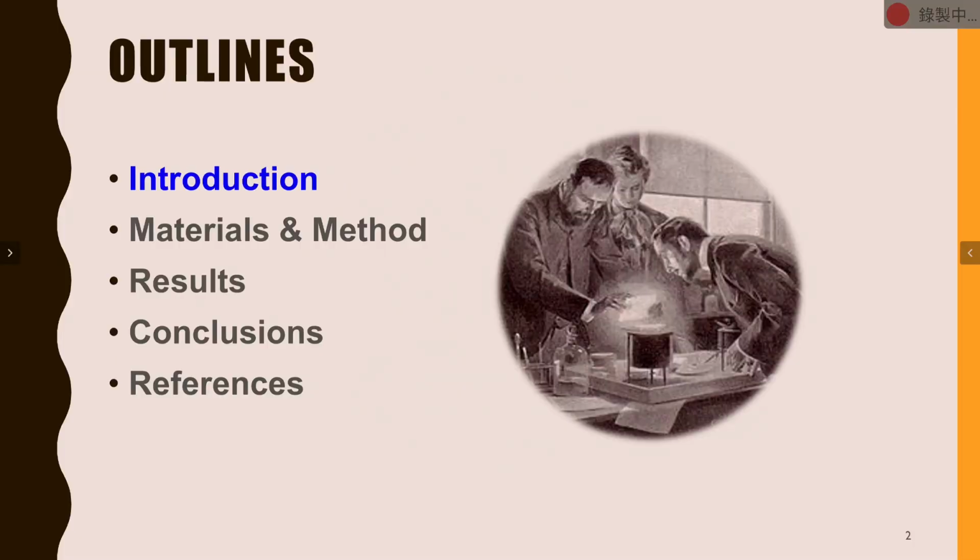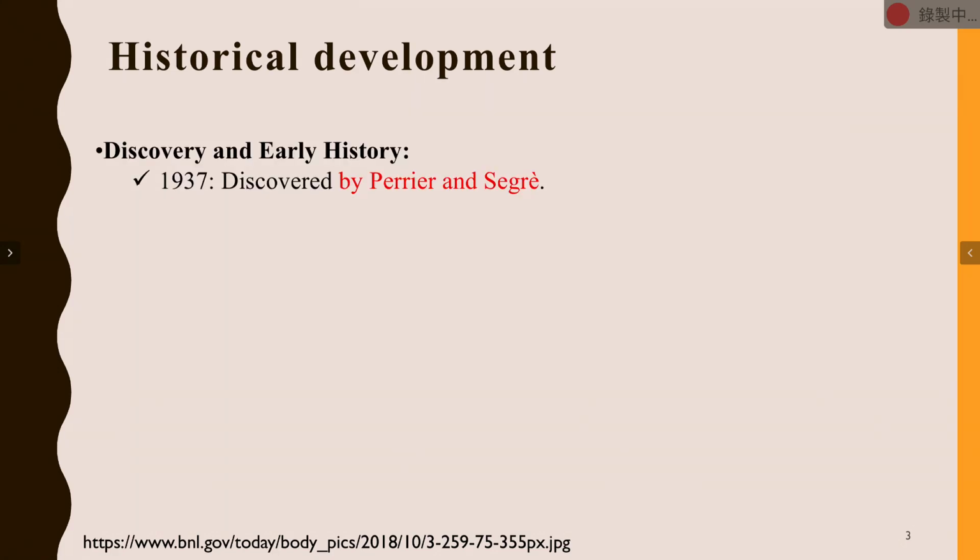Here is the outline for your reference. Let's talk about the history of the development of Tc-99m. In 1937, Tc-99 was discovered, and in the 1960s, Tc-99m was introduced for medical tracer use.